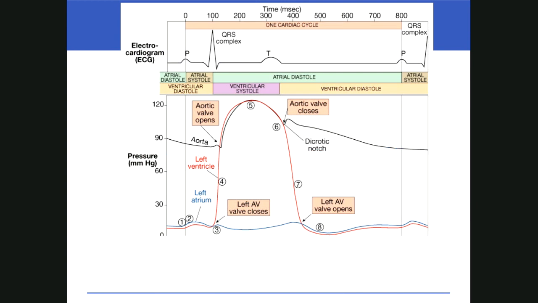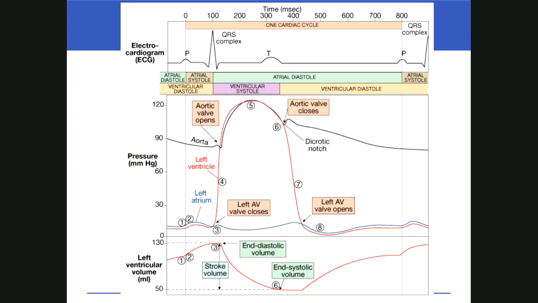Okay, well, there's one more thing on the Wiggers diagram, and that is the amount of blood in the ventricle. So we're not talking about pressure anymore. What we're talking about here is volume. Look, it's in milliliters. So look, the ventricle fills up and then it empties out.